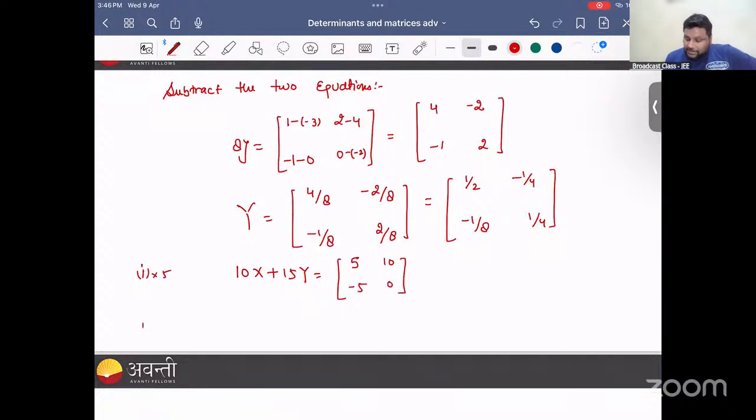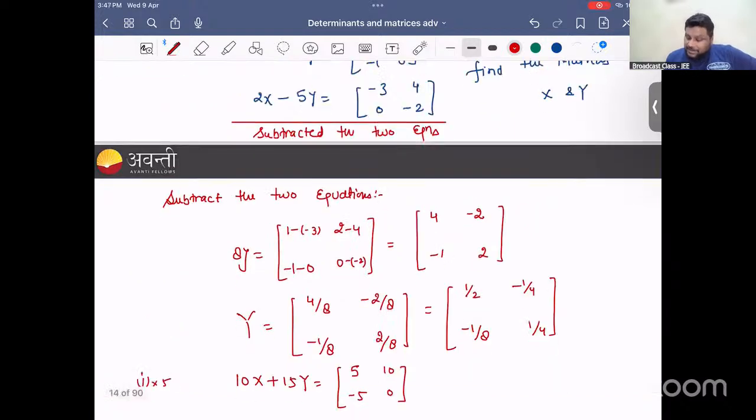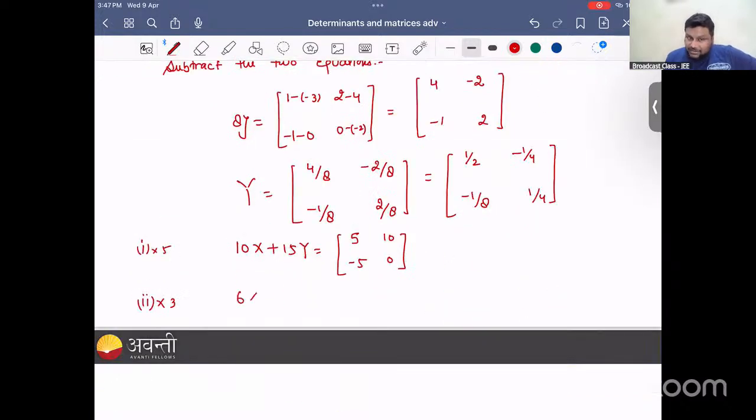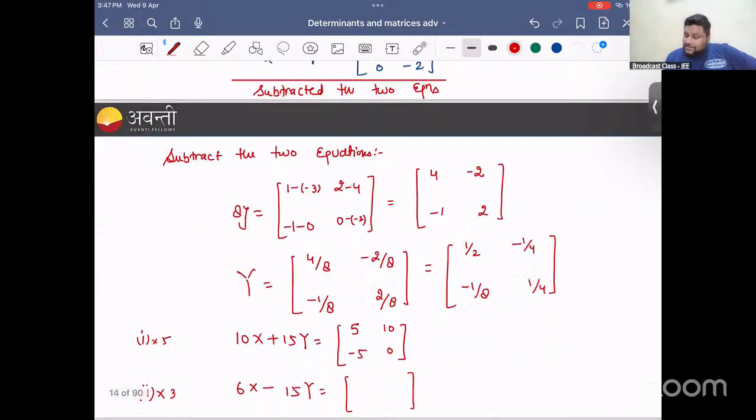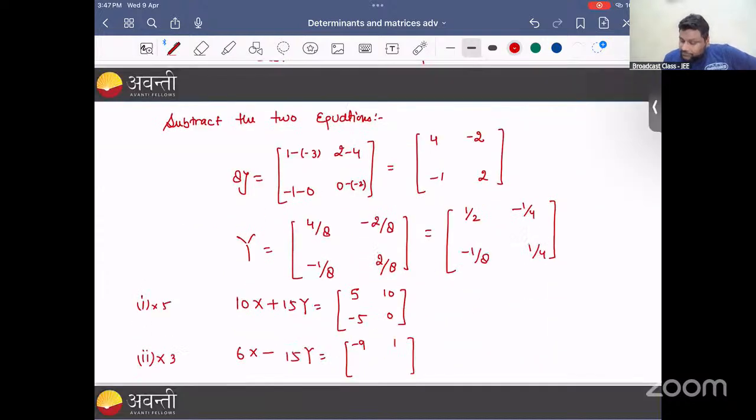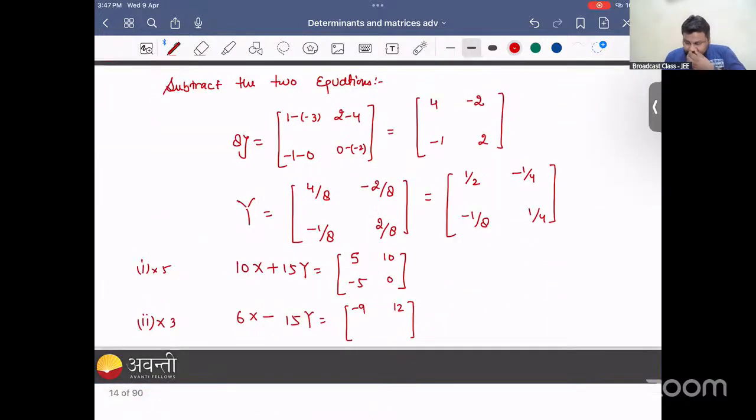Now multiply the second equation by 3. That means 6x minus 15y is equal to minus 9, 12, 0 and minus 6.